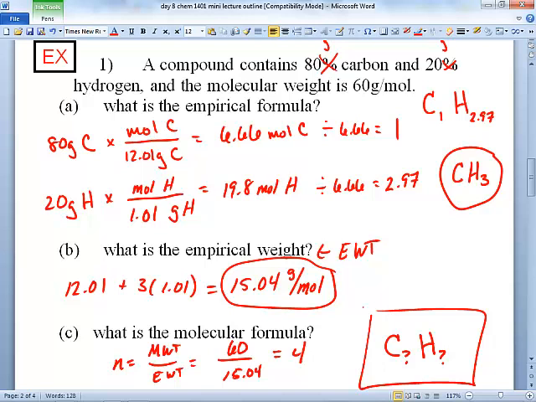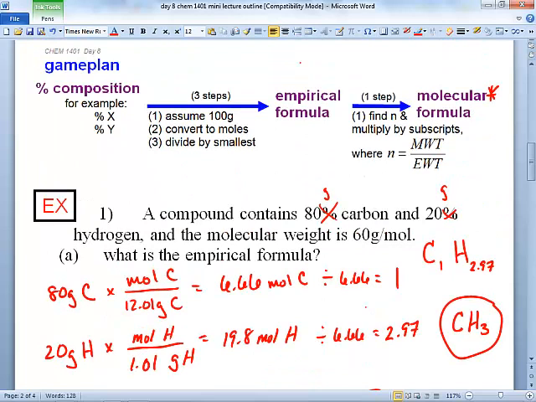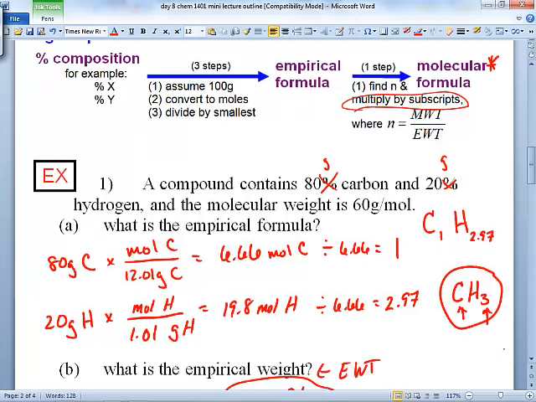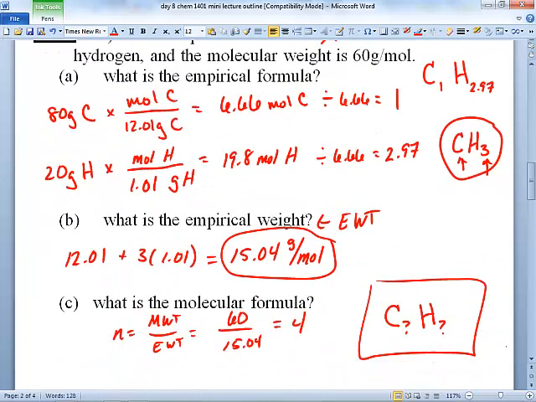That means you have to do what to these subscripts? It's not CH3 anymore. Here's the only hint I gave you: multiply little n times the subscripts. What subscripts? These guys. So if we're off by 4, it's not CH3 anymore. It's C4H12.